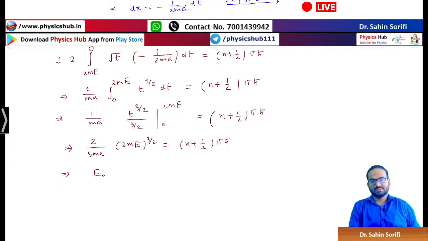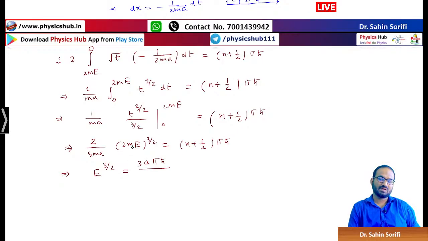And that makes E to the power 3 by 2 equal to, with twice m to the power 3 by 2 there, 3a pi h cut divided by 2 into 2 to the power 3 by 2.